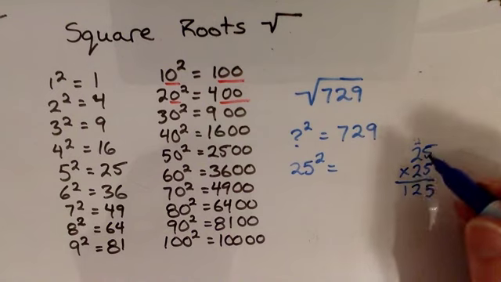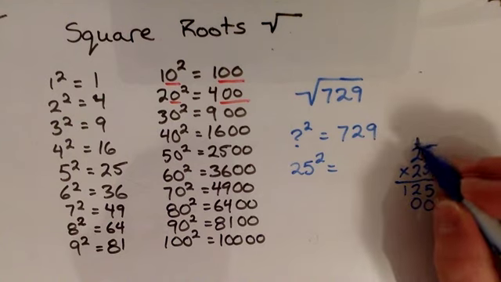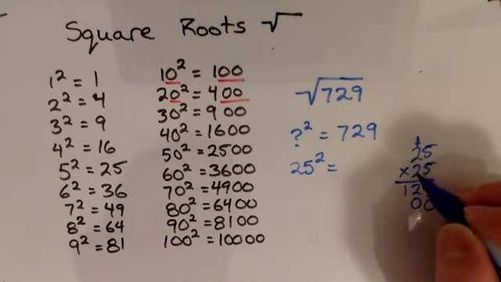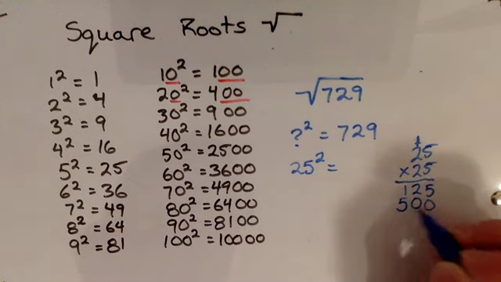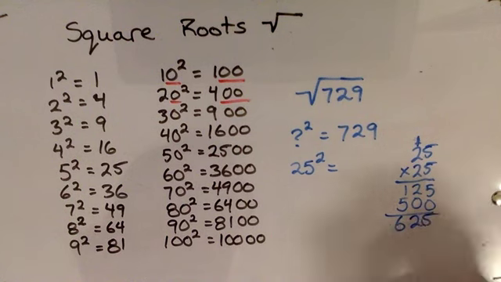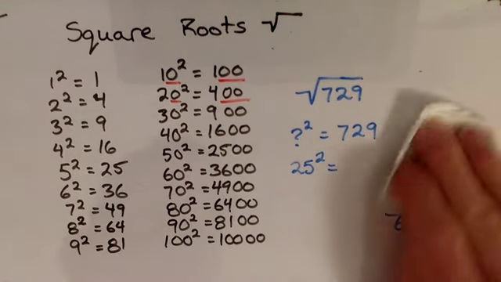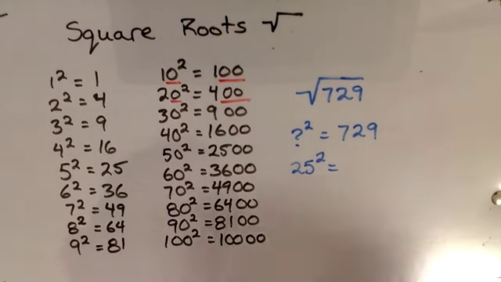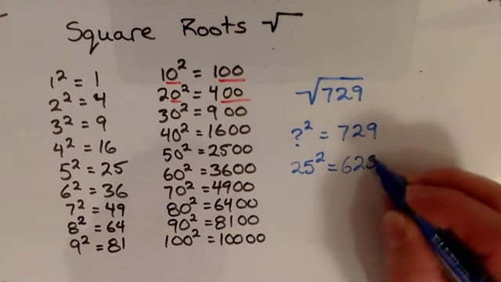And then, first of all, sorry, put the 0. 5 times 2 is 10. And 2 times 2 is 4, plus the 1 is 5. Add those up, and we have 625. So we know that 25 squared is the same as writing 625.